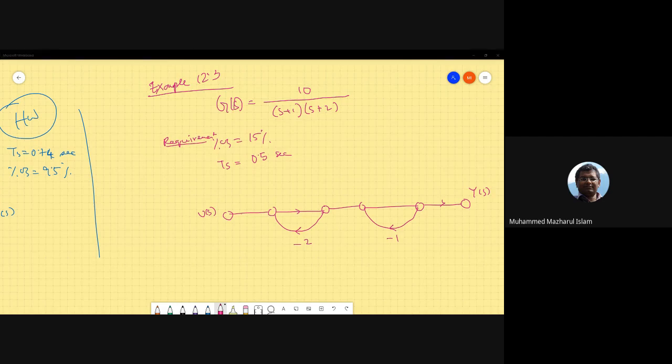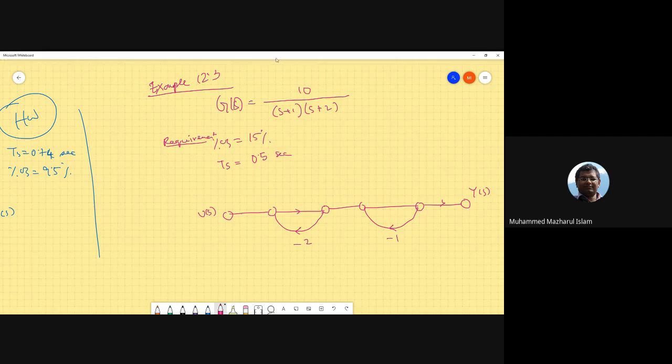We go from lower to higher, or we could also go from -1, -2, no problem. So this one can be -1, that one could be -2, not a problem. Either way is possible. And this was an integrator, right?